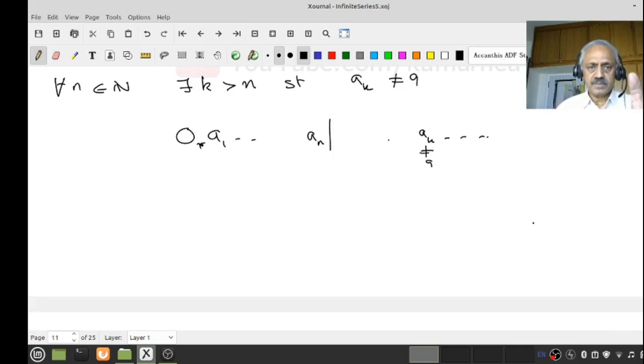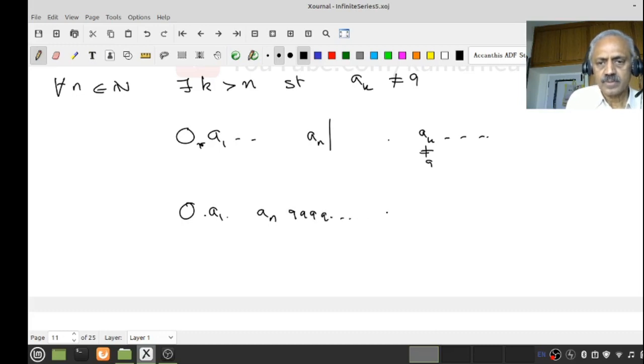So for any such n, I should be able to find one. So in particular, you know that after a certain stage 999 cannot keep occurring. Understand that? The popular way of writing would be a_n followed by 9 bar. After this cannot happen.